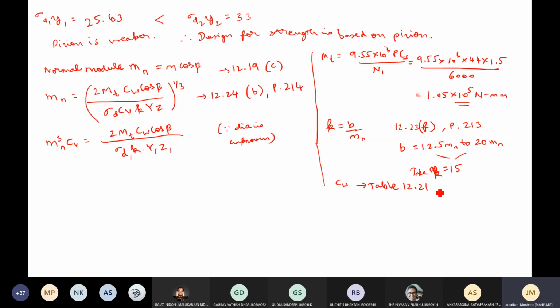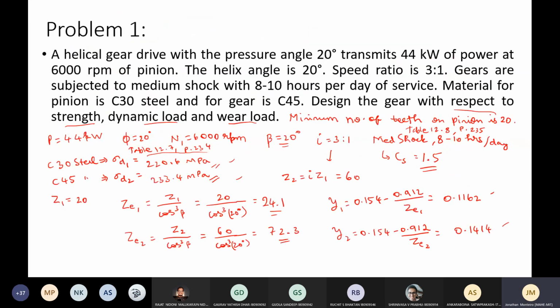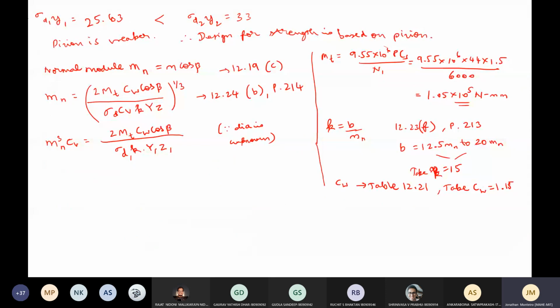The first one is for enclosed gears continuously lubricated with oil of the proper viscosity and character. That is the nature of lubrication. So for this we'll take CW as 1.15. It's not mentioned in the problem, so we are free to choose. So we can directly take CW as 1.15.